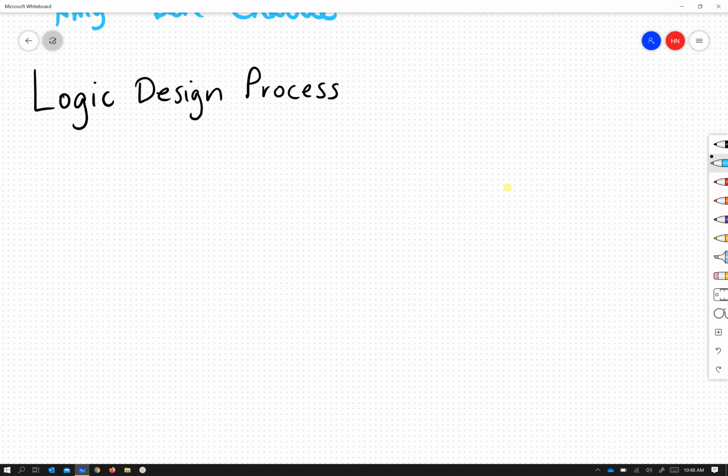The logic design process has 5 steps. Step number 1 is to define the problem. Now, what do I mean by define the problem?